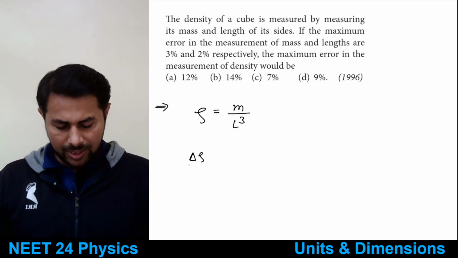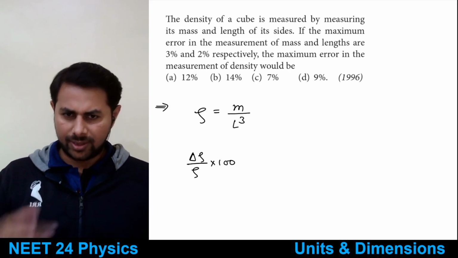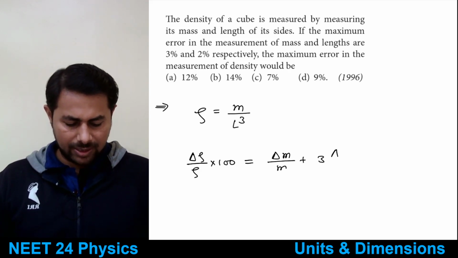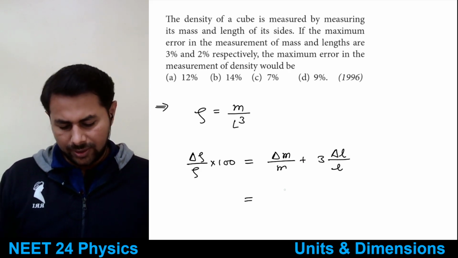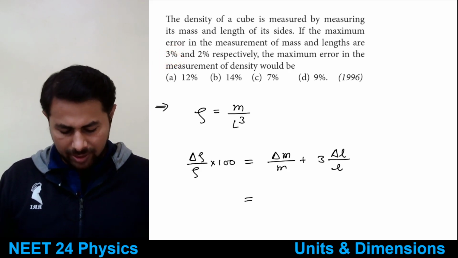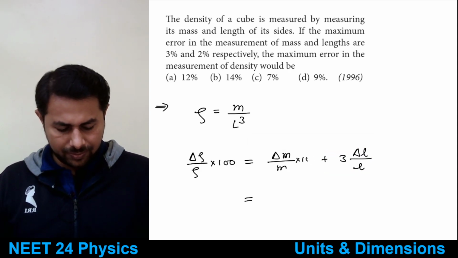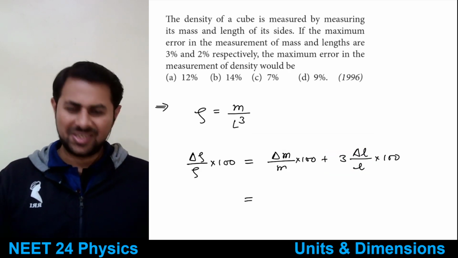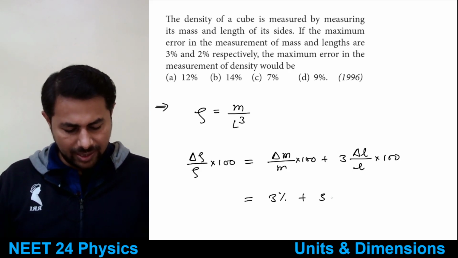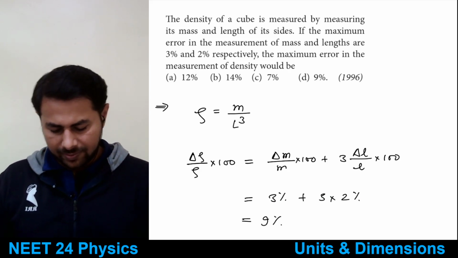So delta rho by rho would be delta m by m plus 3 times delta L by L. And here you want percentage, so multiply by 100. Delta m by m times 100 is 3%, plus 3 times of 2%. So that is just 3 plus 6, 9%. That's correct. Very good.